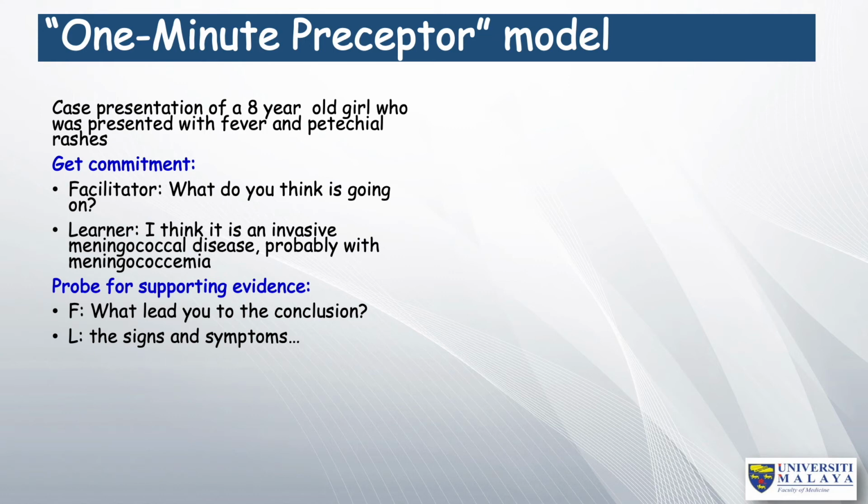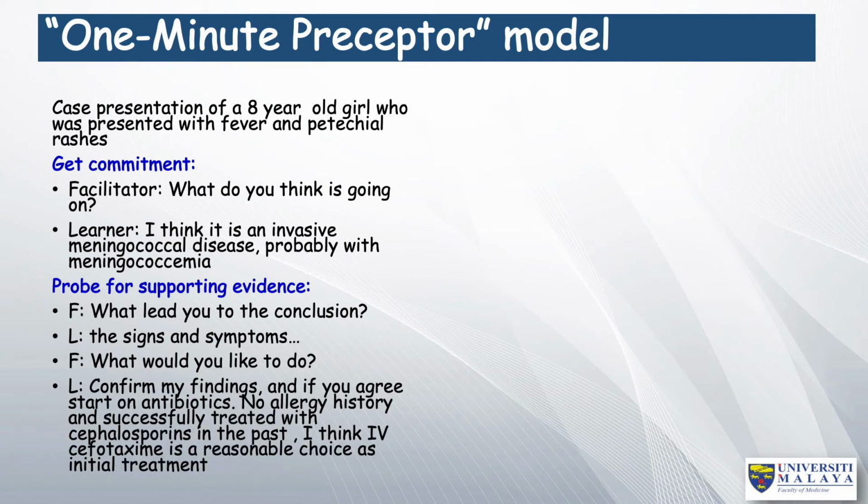And the microbiologist also confirmed with impression smears the presence of meningococci, the appropriately gram-stained diplococci in the impression smear. Right. So in such a situation, the facilitator asks, "What would you like to do?"